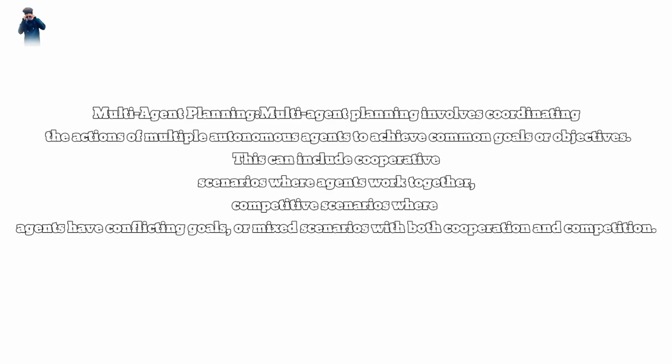3. Multi-agent planning. Multi-agent planning involves coordinating the actions of multiple autonomous agents to achieve common goals or objectives. This can include cooperative scenarios where agents work together, competitive scenarios where agents have conflicting goals, or mixed scenarios with both cooperation and competition.